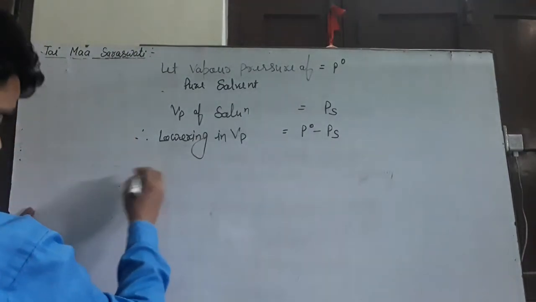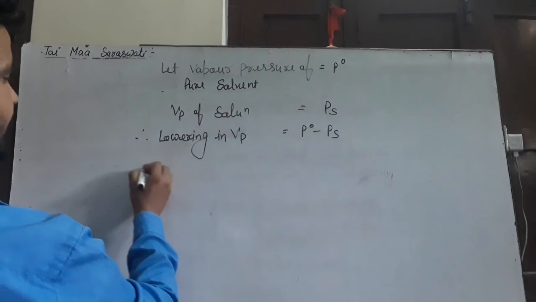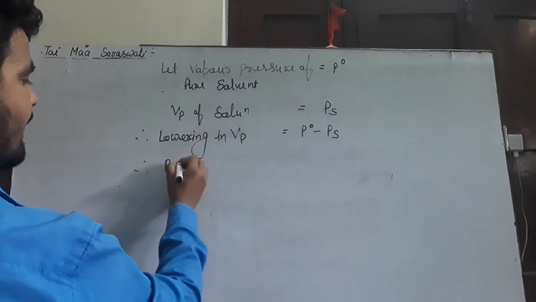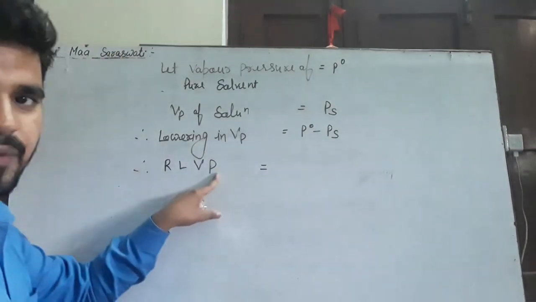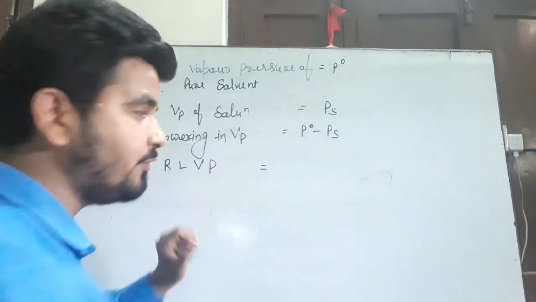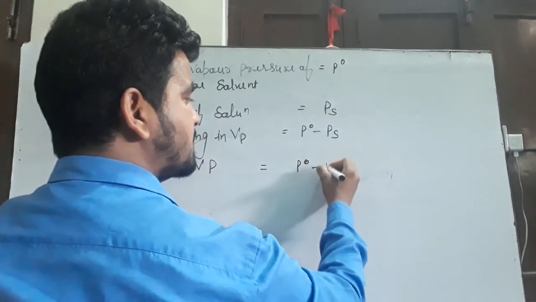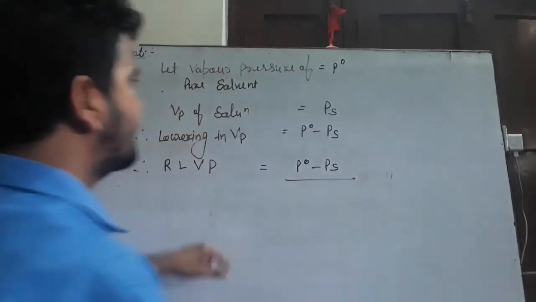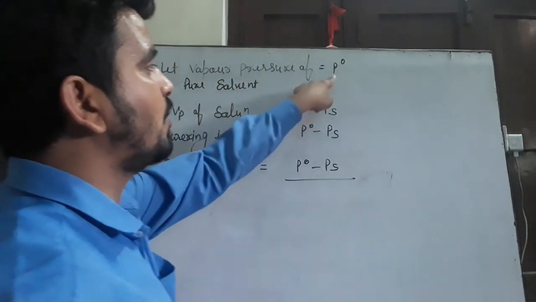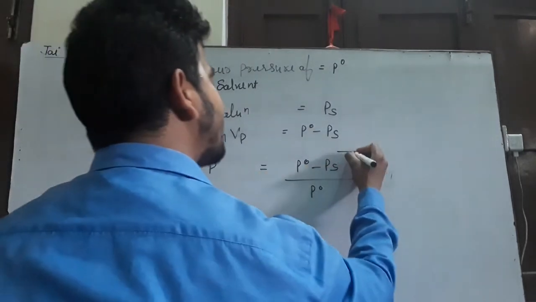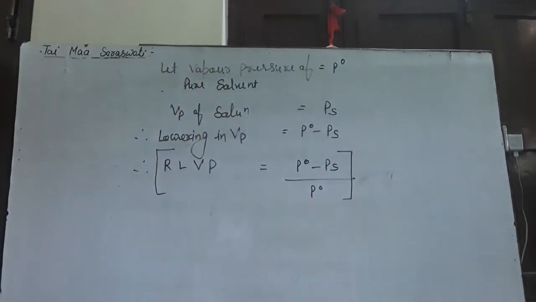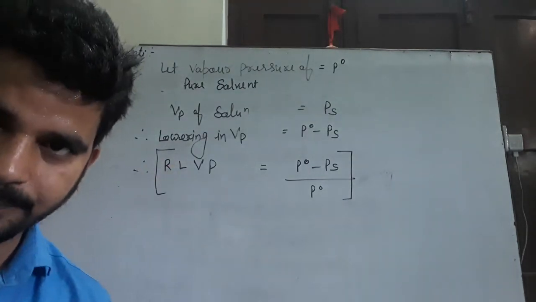So RLVP, relative lowering in vapor pressure, was a ratio of lowering in vapor pressure, meaning P naught minus PS, upon vapor pressure of pure solvent, meaning P naught. So this is all about your RLVP, dear children. Please note it down.